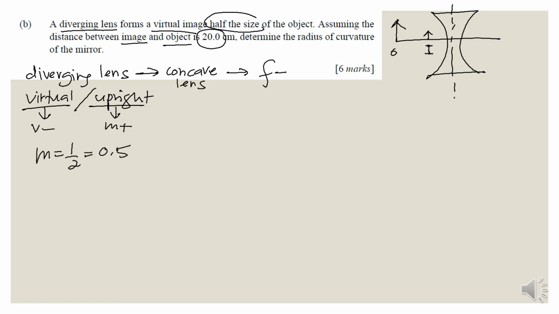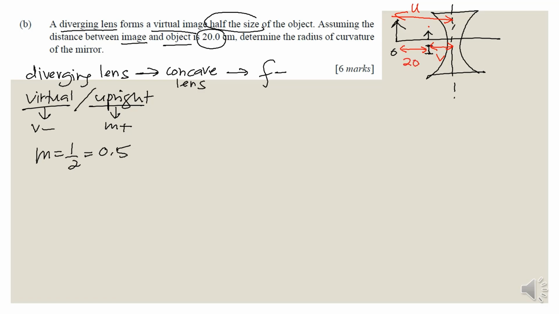Kita tahu bahawa ini kita punya U, objek. Ini image kita V. Jarak antara objek dengan image ni adalah 20, dekat sini.